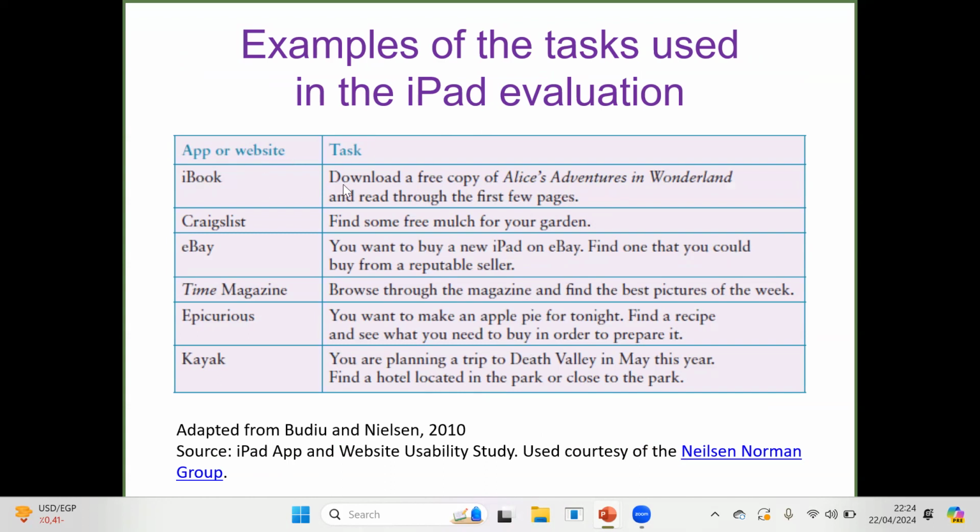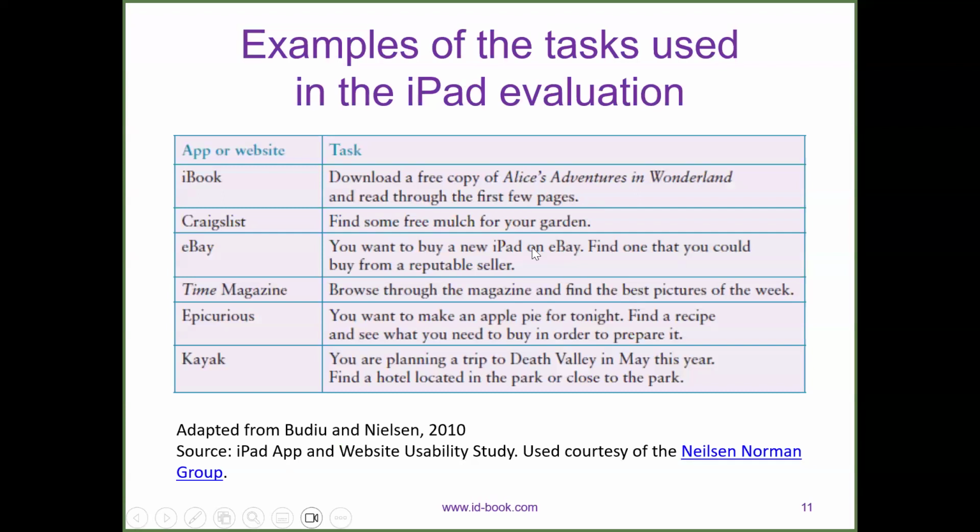For example, they were asked to download a free copy of Alice's Adventures in Wonderland and read through the first few pages. For example, they were asked to visit the eBay website and buy a new iPad on eBay.